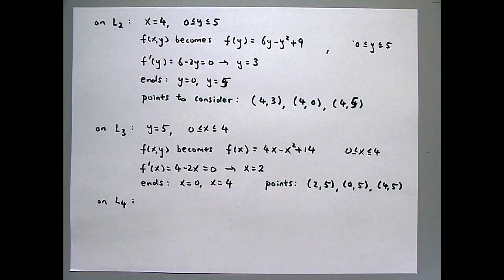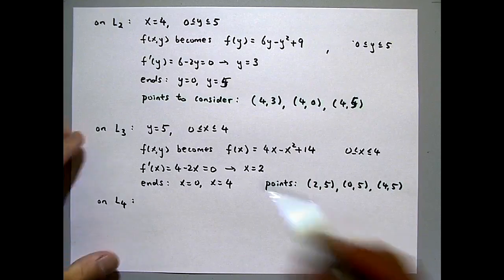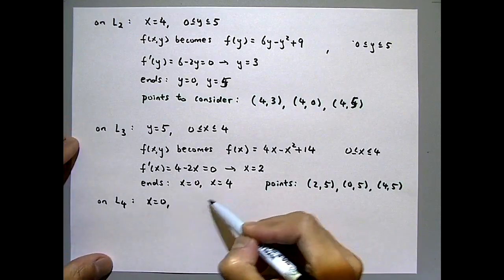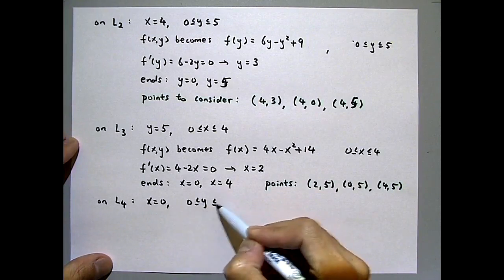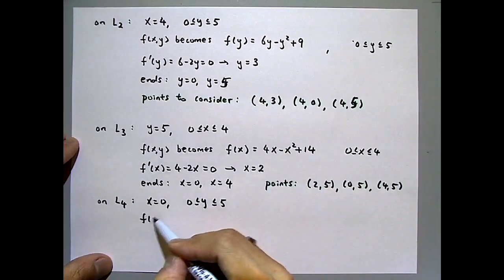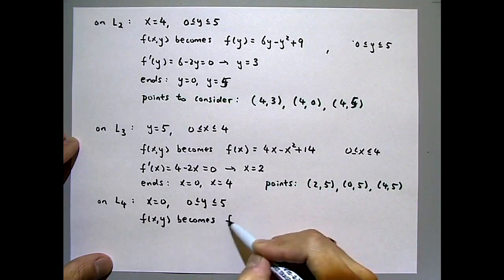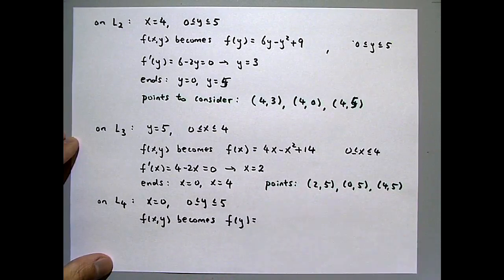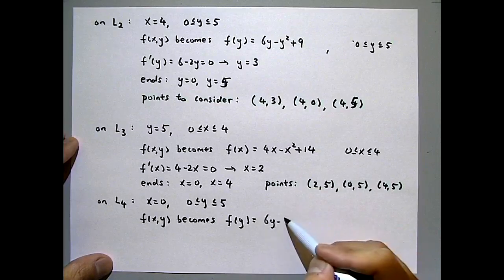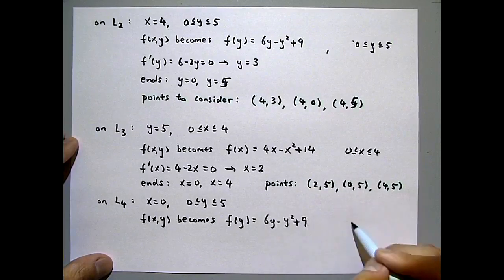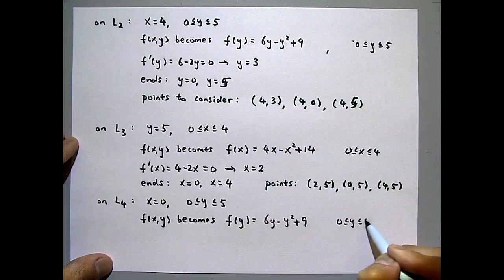All right, now last edge, L4, the left edge of that boundary of the region D. Let's see. This time x is always 0. Y is allowed to vary between 0 and 5. So f of xy becomes just a function of y, and it's 6y minus y squared plus 9. Y is between 0 and 5.